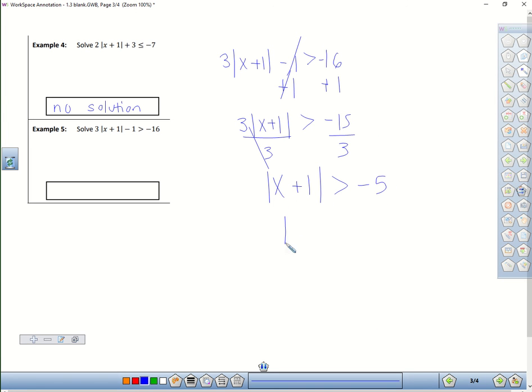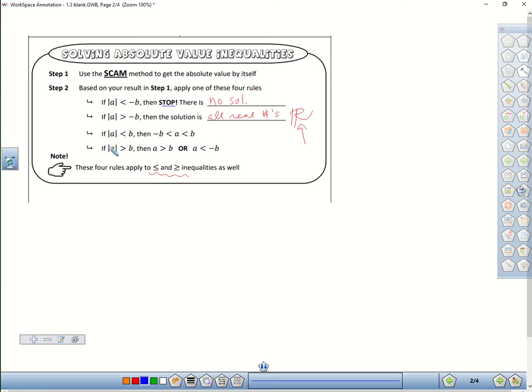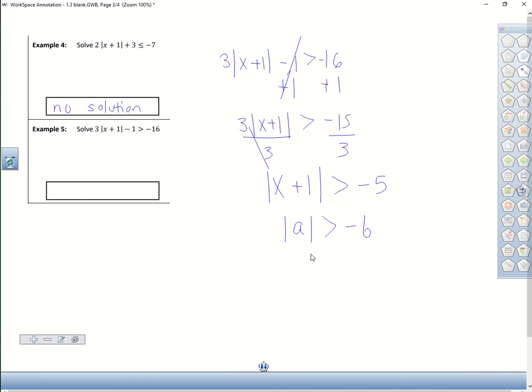So we have the absolute value of a is greater than a negative b. So let's see which scenario that is. The absolute value of a is greater than a negative b. That means we have all real numbers. So the solution here is all real numbers.